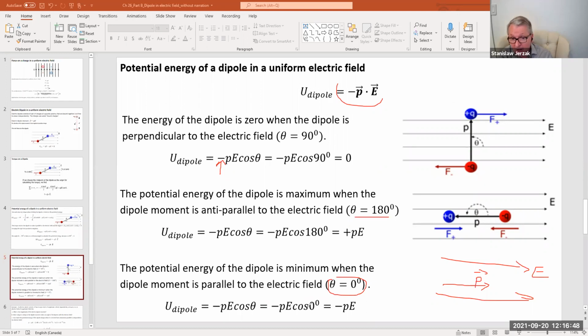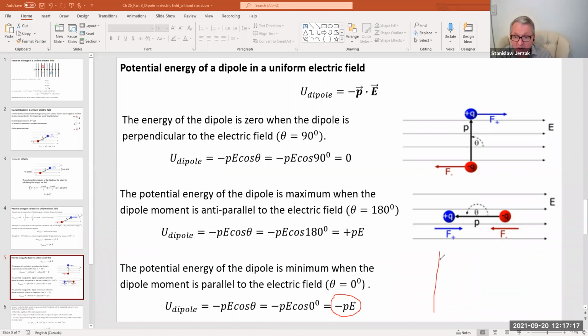Cosine of 0 is 1, and energy will be negative P times E. So as you see, according to this expression, the lowest energy of the dipole, and I apologize for the mistake in my previous slides, is when it is not anti-parallel, but parallel. I have no idea what came to my mind to say that energy was minimum when it's anti-parallel. Energy of the dipole is minimum when the dipole is parallel to the electric field.